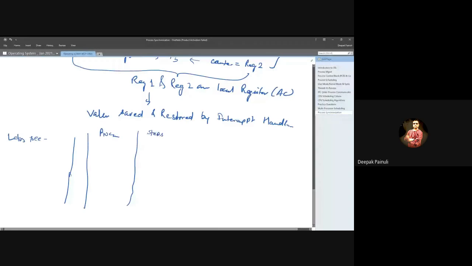Let us take an example where P stands for producer and C for consumer. Let's assume that first the producer process will execute transactions T0 and T1. Let's rename them T0, T1, and T2.